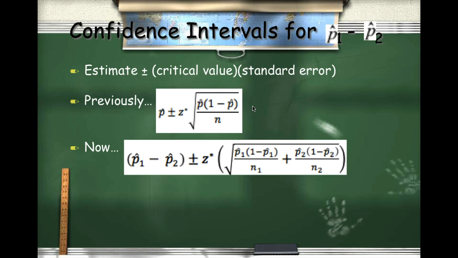Now it's going to be the same general form, however, it's going to look a little bit more complex. It still has the same pieces of the puzzle though. Now my estimate is not just p hat, but the difference in my two sample proportions. And my standard deviation is not just the square root of one sample, it's the square root of my two separate samples' distributions combined. Once again, this is on your formula sheet, so don't worry about memorizing it.